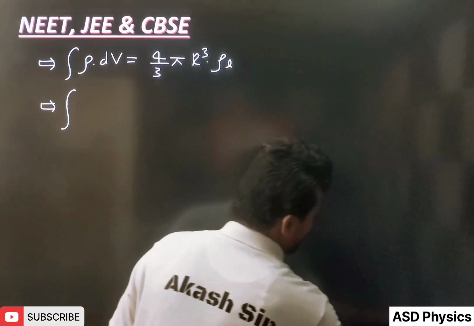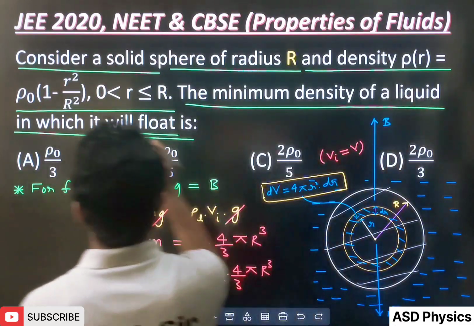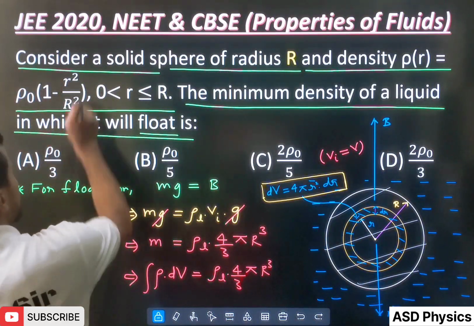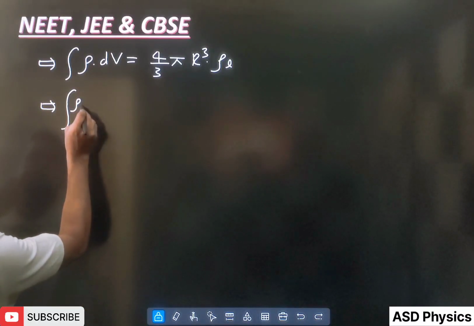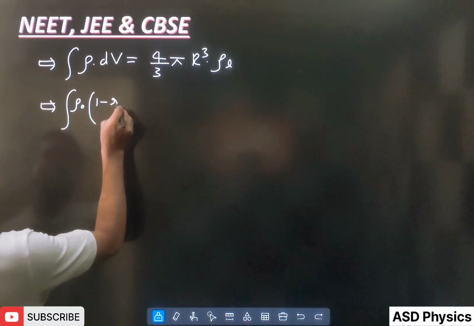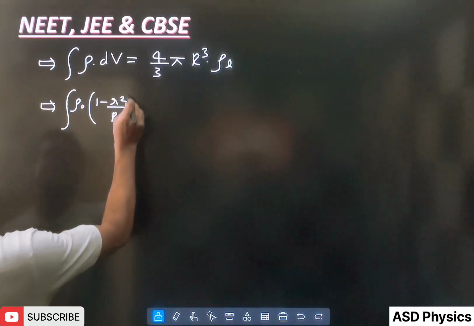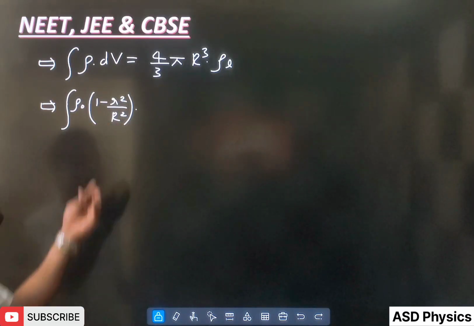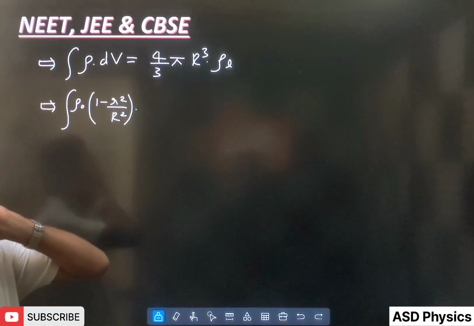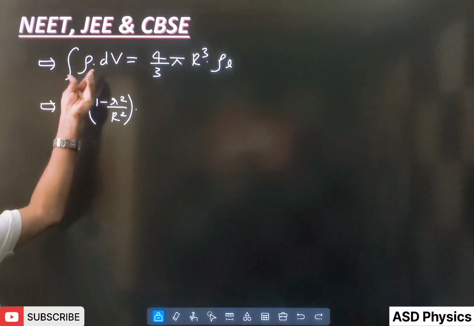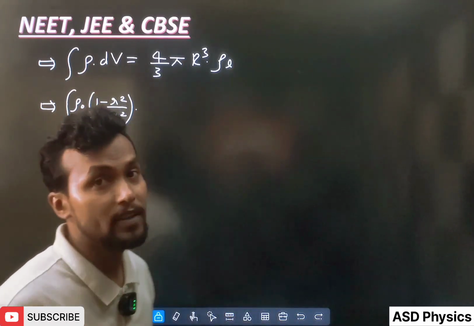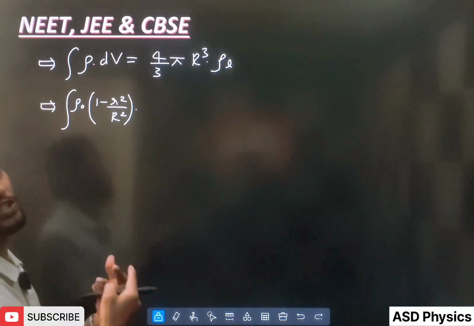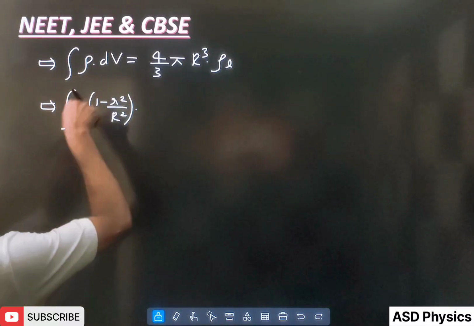Rho is given here as rho naught into 1 minus small r square by capital R square. With variable small r, this density keeps on changing, because when we go from the center to the surface, small r values keep on changing.